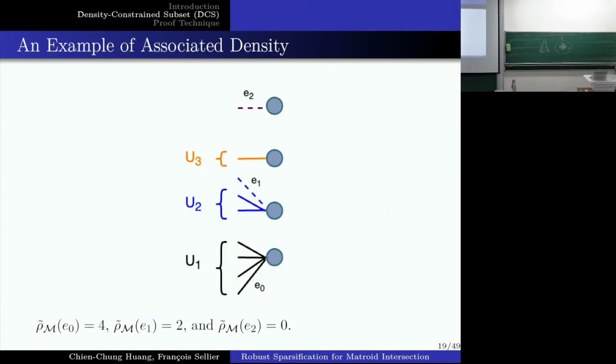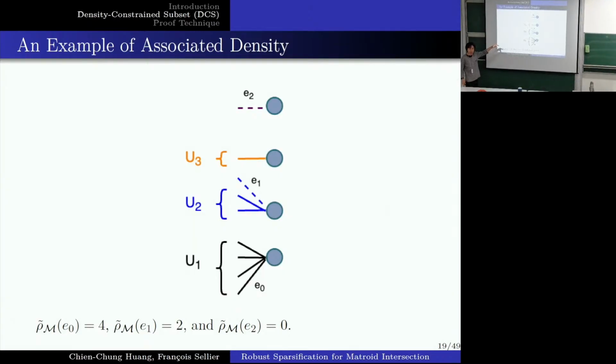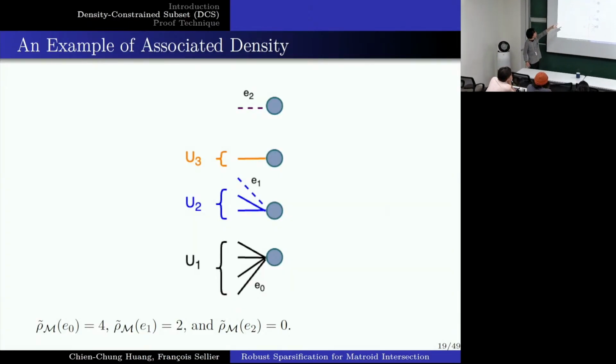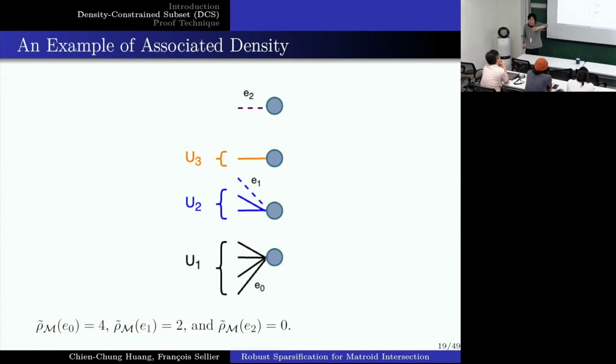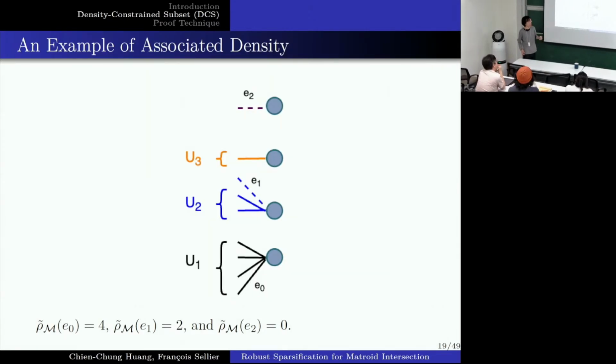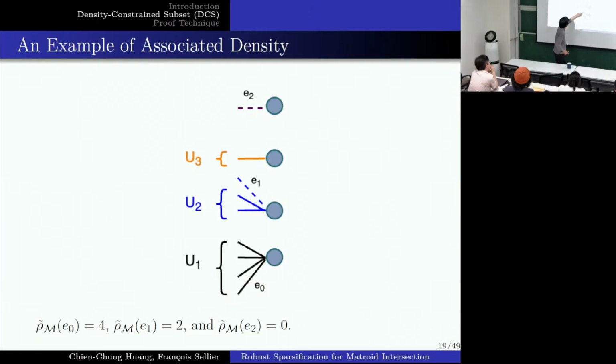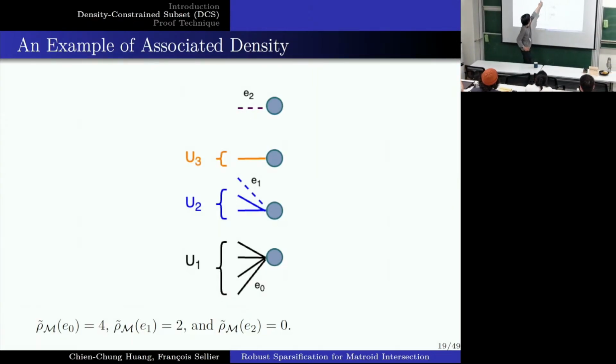Let's see a concrete example. Remember, this is the bipartite graph we started with. Imagine that the solid lines are my sparsifier, and the dotted lines are those that are not part of my sparsifier. Just imagine these are the U1, U2, U3 I'm talking about.